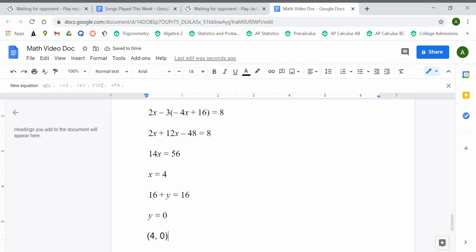Alright, so hopefully this gave you a pretty good understanding of solving systems of equations with the substitution method. We got one more method to go through. That is called the elimination method, so that will be in the next video. Then in the next video, there's going to be two different things going on.